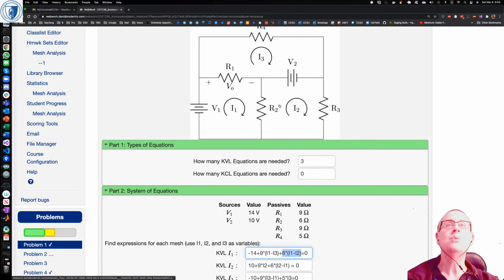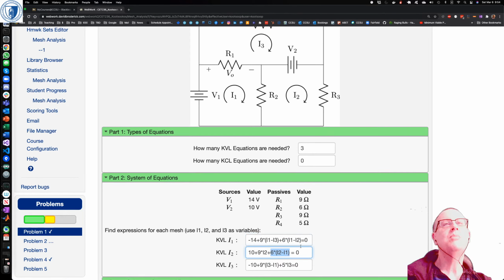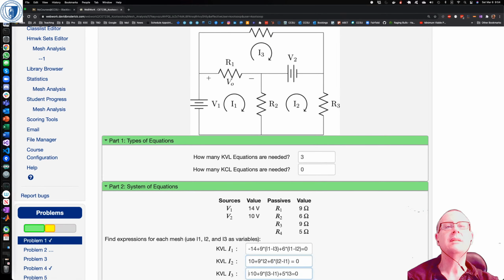The I2 one, we have V2 is 10 volts, so it's plus 10. And then it's R3, which is 9 times I2, that's VR3. VR2 is again, this time the other way around, 6 times I2 minus I1, because we're looking at it from the perspective of I2. And then I3, we're going into the negative side of V2, and then it's 9 times I3 minus I1.